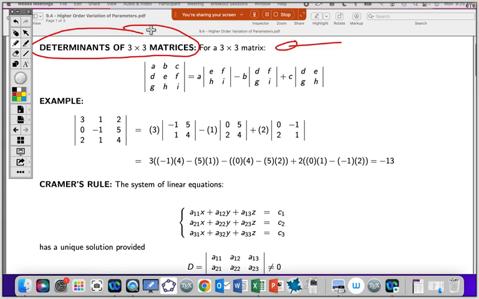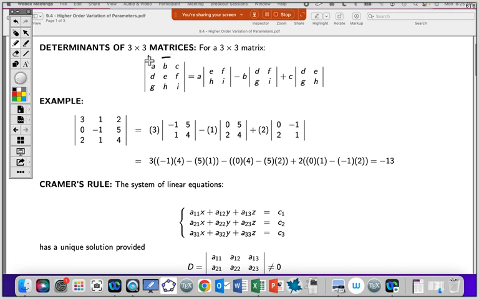Let's just remind ourselves how 3 by 3 matrices break down. If you're given a 3 by 3 matrix and you're trying to find the determinant of it, you can assign plus and minus signs across the top here: plus, minus, plus. And you take plus A times, and then you wipe out the row and column that the A is in, and take the determinant of this smaller 2 by 2 matrix.